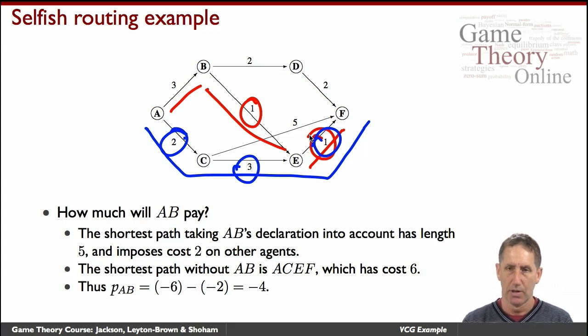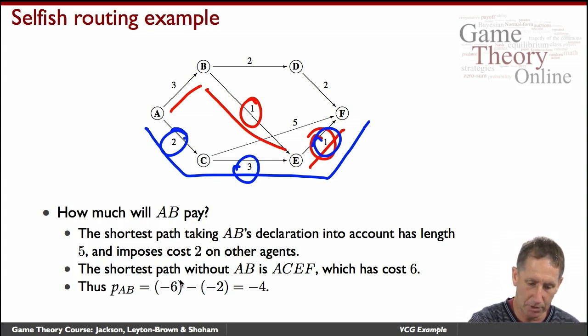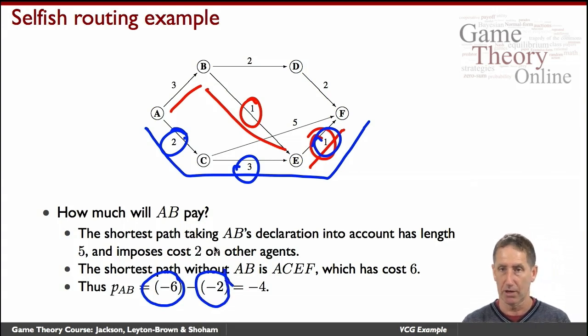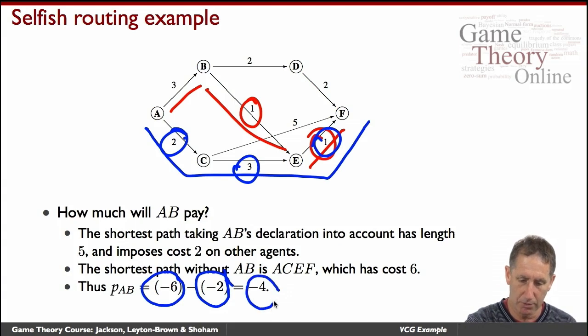And so the cost to the agent AB is the difference between the cost without them in the picture, which would have been minus 6, and the cost with them in the picture, which is minus 2, that is the cost to all the other agents, and the difference is minus 4.